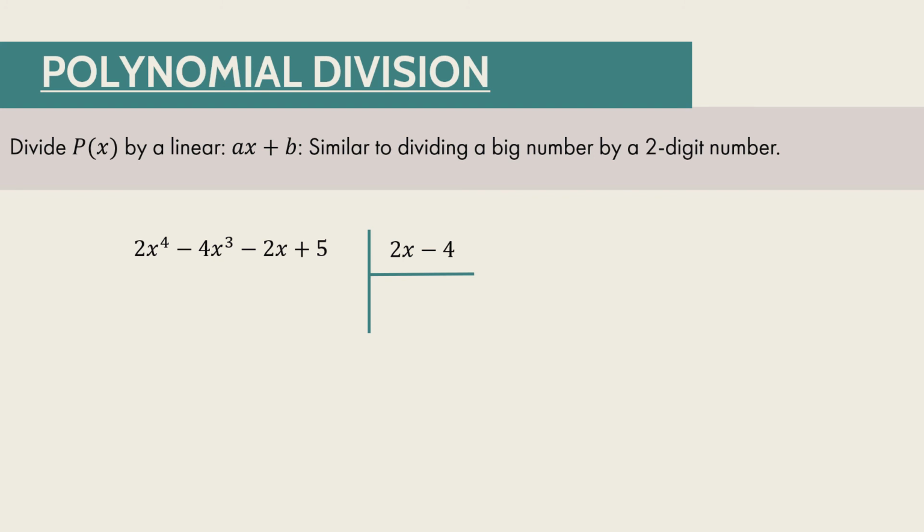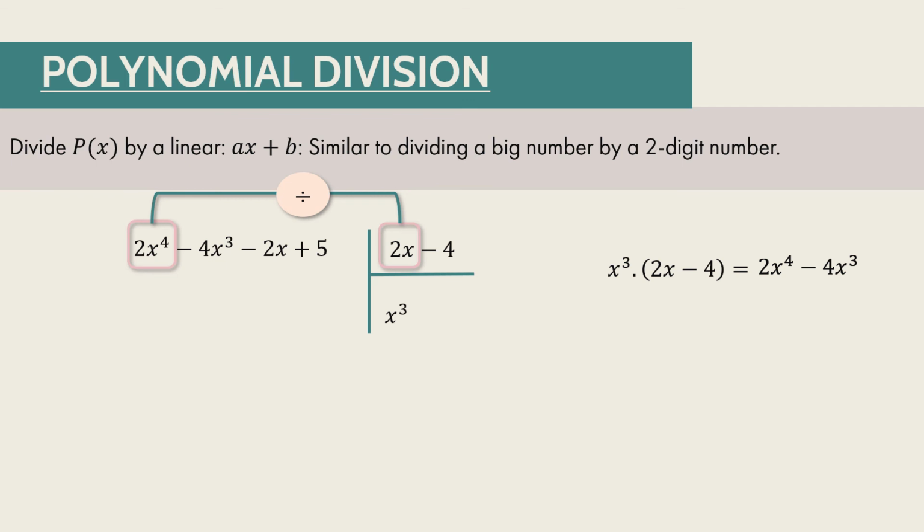Okay, let's consider another example. 2x cubed minus 4x squared minus 2x plus 5 divided by 2x minus 4. Again, divide the leading term to get x squared. Multiply back with the divisor. See what remains. You can see that nothing remains here. So we bring down the negative 2x, but we need two terms.